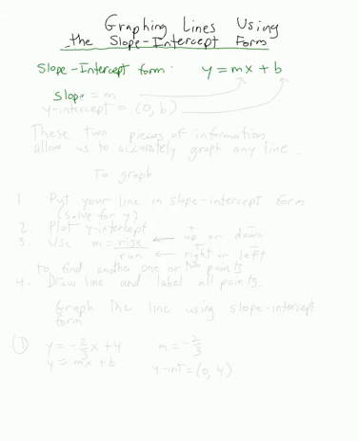The slope is actually m, and the y-intercept is the point 0, b. So slope is m, right over here next to the x, and the y-intercept is going to be given right over here.